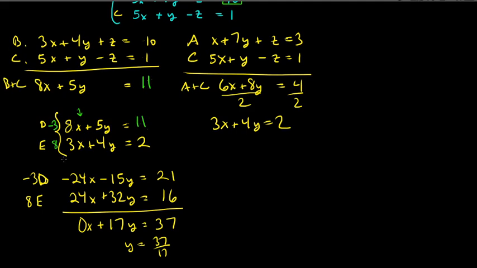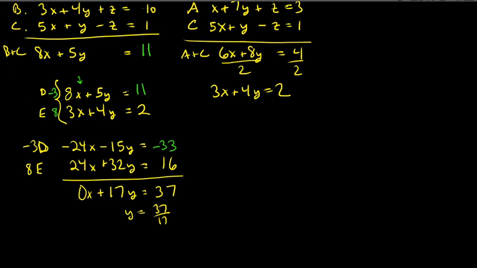Okay. And so now, I think this number is wrong. Negative 3 times 11 is negative 33. So I can fix that. Negative 33.